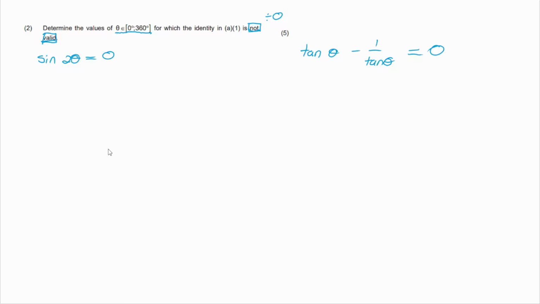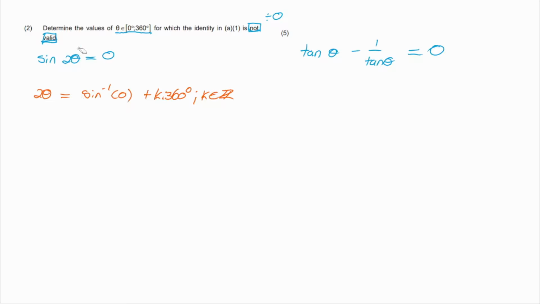For sine 2 theta, I'm going to be using what they call the graphical method. Sine 2 theta is equal to 0, so our angle 2 theta is equal to sine negative 1 of 0, plus k times 360, k is an element of integers.